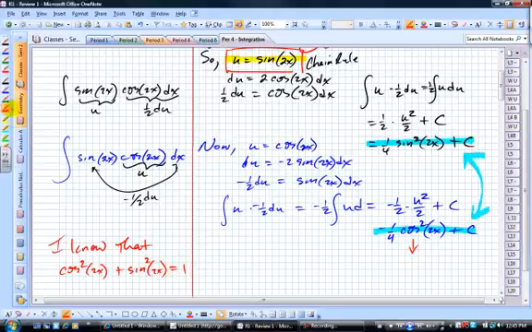And because of that, I can make a little substitution in. I can rewrite it as negative 1/4 times 1 minus sine squared of 2x, plus c. And if I distribute through, I get negative 1/4 plus 1/4 sine squared of 2x here, plus c.